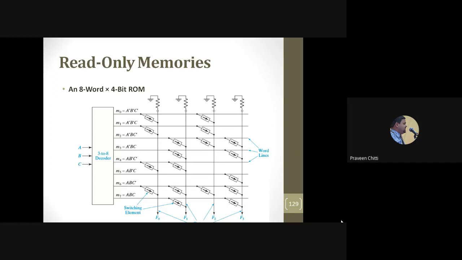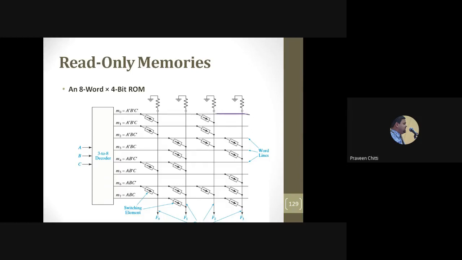But normally when you tell the ROM size, you have to tell how many words there are and the size of each word. Here we have 8 words, denoted by M0, M1, M2 up to M7, and each word is of 4 bits.